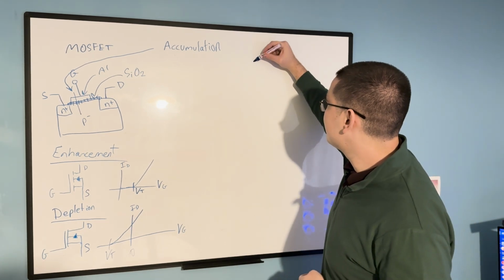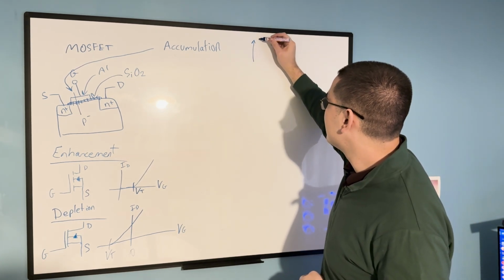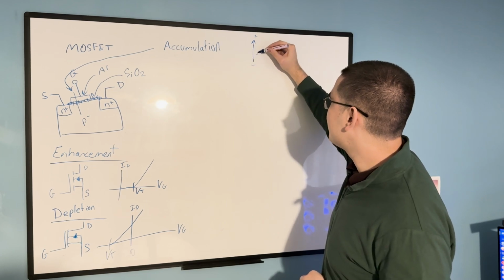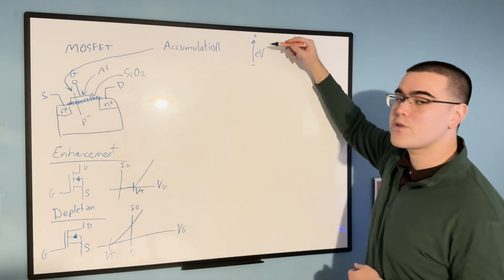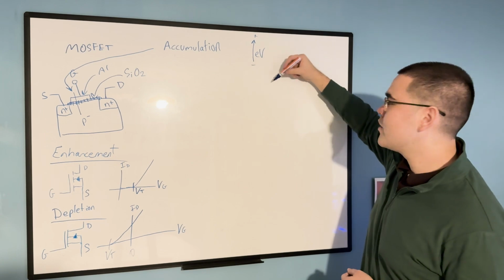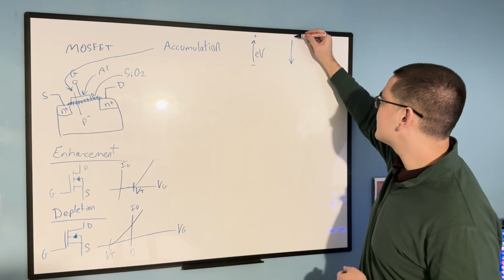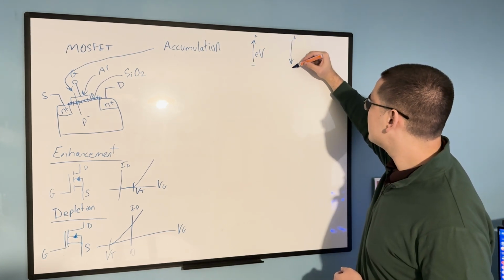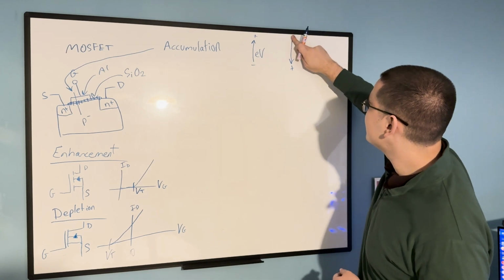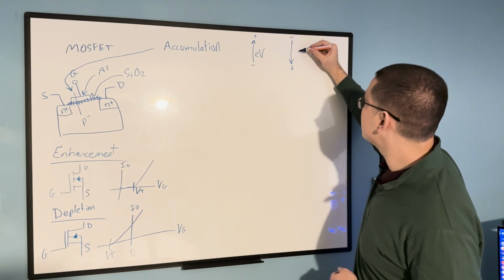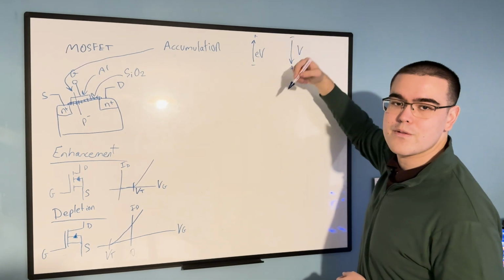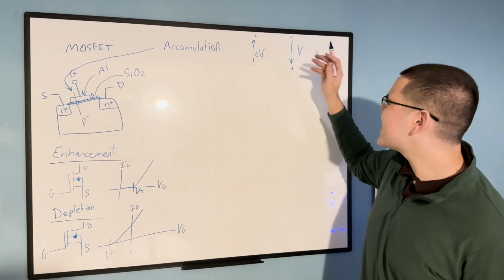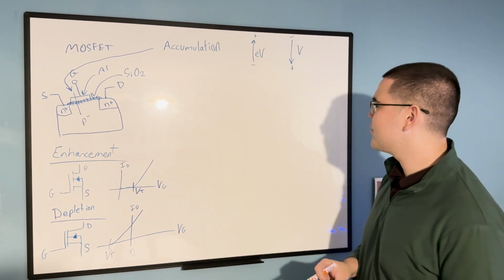But one thing I will remind you of here for band diagrams is that for electron volts, positive goes up, negative goes down. But for actual voltage, positive goes down, negative goes up. It's kind of the other way around, if you can see it that way.